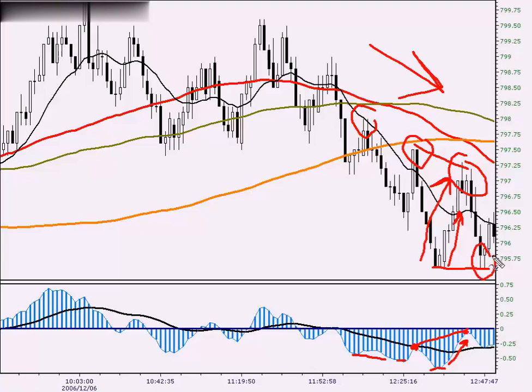Because as we put in this low and we bounce off of it, where does momentum go then? Now momentum has a higher low as well. Remember, a trend is defined as, in a downtrend, lower low, lower high, lower low, lower high. We pretty much want both.